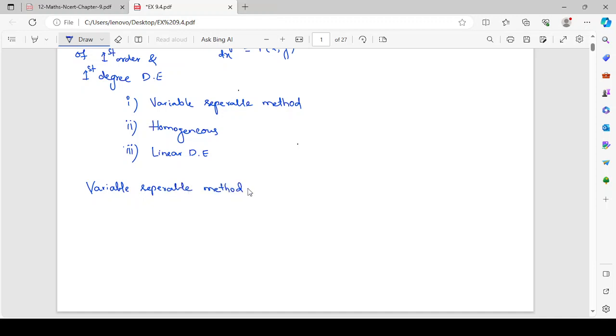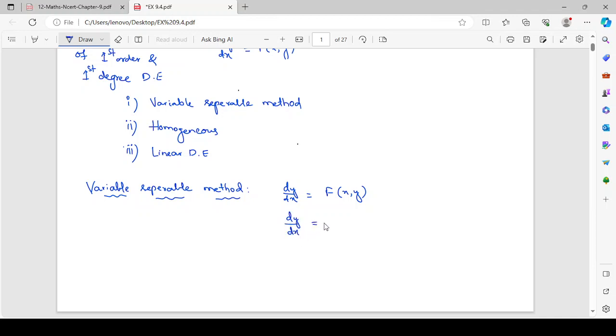As we are going with the standard form of the first order first degree differential equation, you can ask me, is there only the first order first degree differential equation? No, you will have plenty, but we are going with the basic one. In that case, how do we solve that? Those methods we are going to learn one by one.